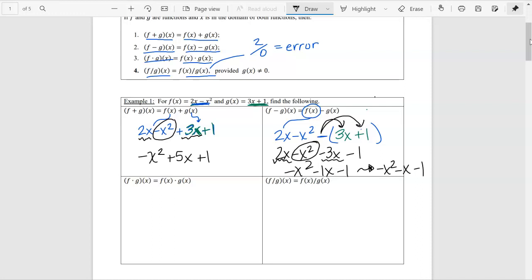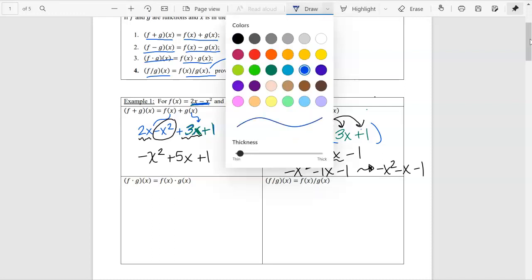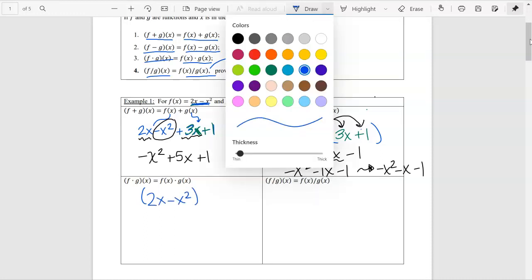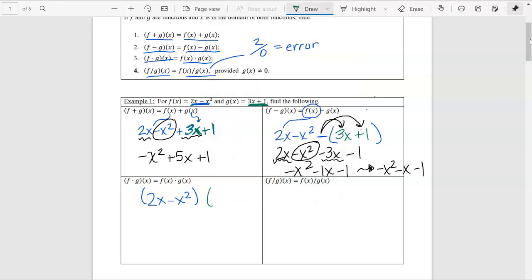When we're multiplying these, we've got f of x, which we said was 2x minus x squared, and we've got g of x, which is 3x plus 1. And when you multiply these, you use something called FOIL. So first, outer, inner, last.